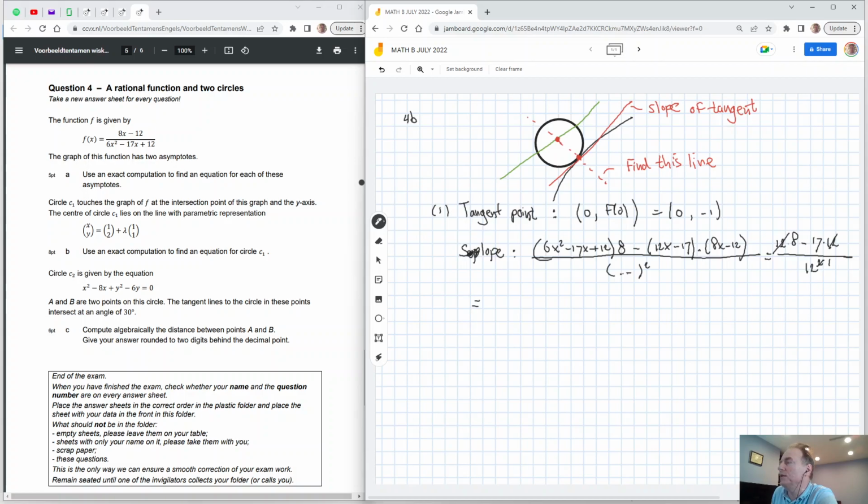That's 8 minus 17, which is minus 9, divided by 12. So not exactly this situation here. It's a negative slope, but that's okay. Simplify this. Greatest common factor is 3, so minus 3 over 4.